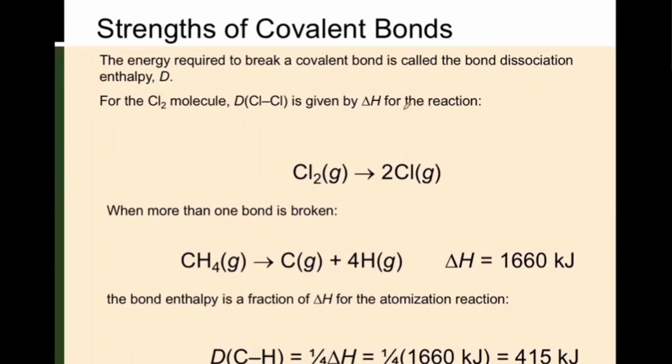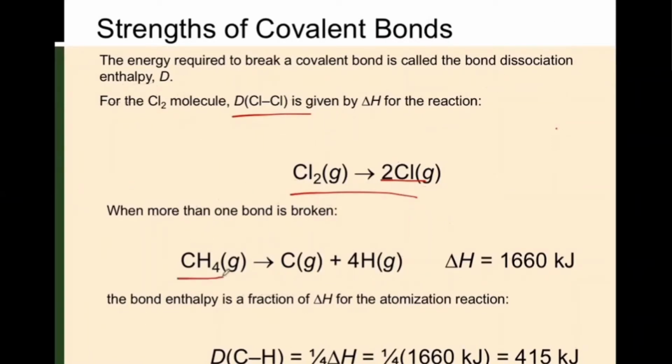For the Cl2 molecule, D(Cl-Cl) is given by the delta H for the reaction. So the reaction is this one, where the chlorine molecule, Cl2, in the gas phase becomes 2 chlorine atoms, Cl, gaseous. When more than one bond is broken, we might have much more energy.